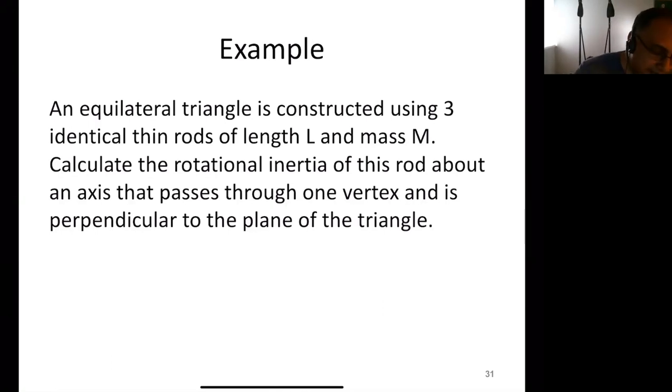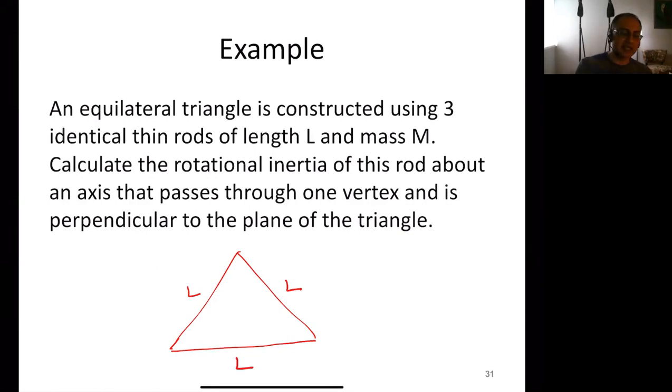So we have an equilateral triangle which is constructed using 3 rods, and each rod has a length L and a mass M. You have to find the rotational inertia of this triangle about an axis which passes through one vertex and is perpendicular to the plane of the triangle.